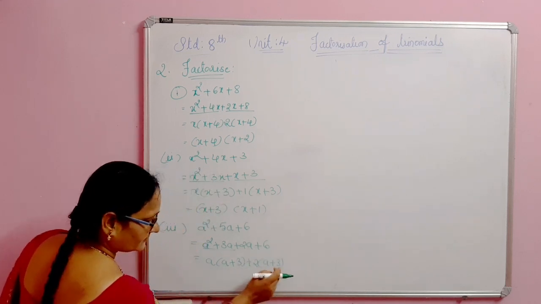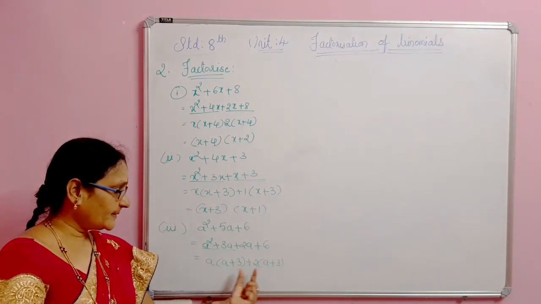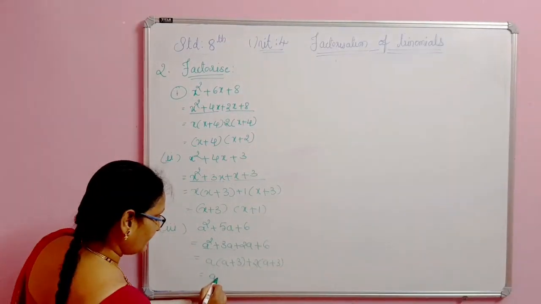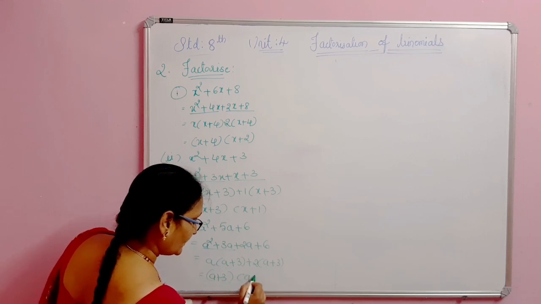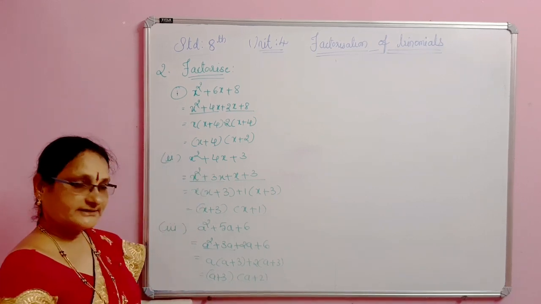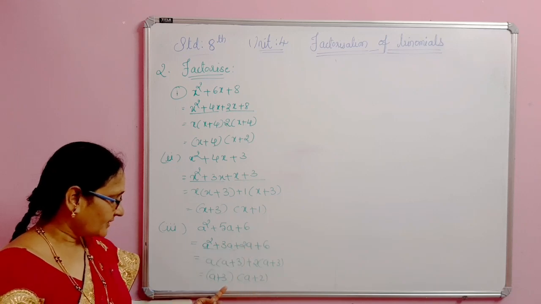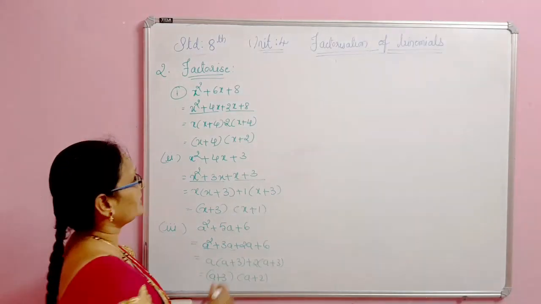See, you have to observe. You have to adjust so that this bracket should be common. So, a plus 3 is common among the two, then a plus 2 is another bracket. Just by seeing these two only we can understand: 3 2s are 6, 3 plus 2 is 5a. This is what factorization is.